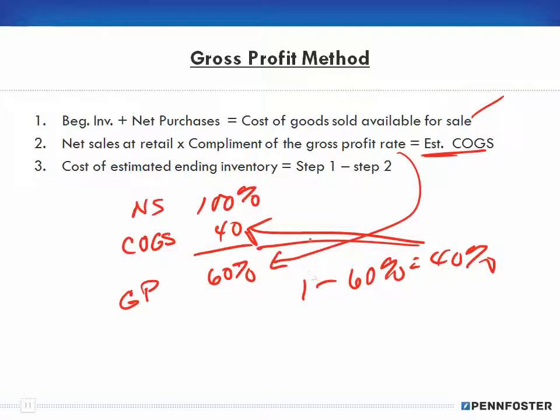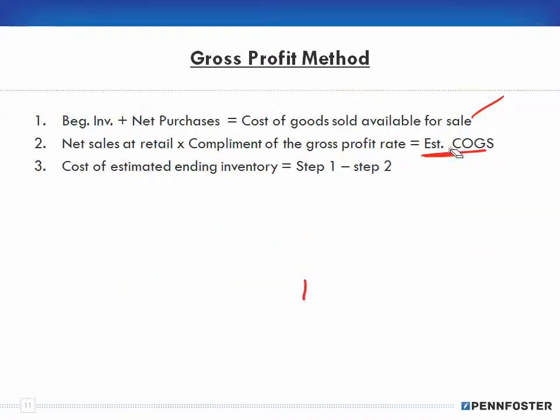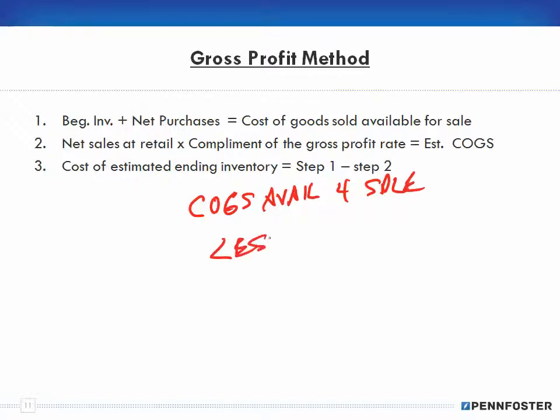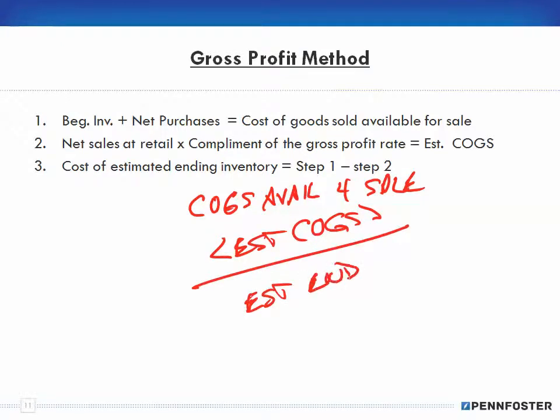All we need to do then is take what we did for step 1, our cost of goods available for sale, and subtract my estimated cost of goods sold in order to get an estimated ending inventory.